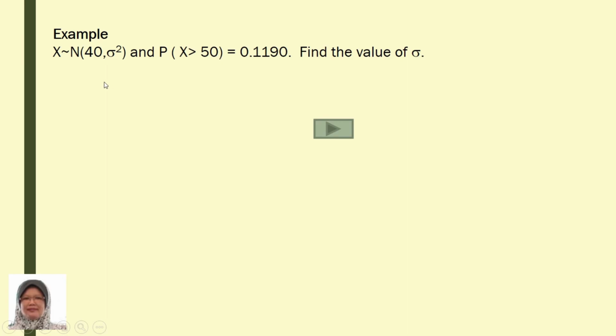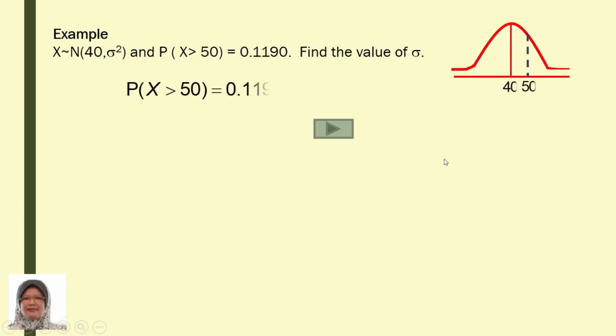Another example: X has a normal distribution with mean 40 and variance sigma squared, and P(X greater than 50) equals 0.1190. Find the value of sigma. So we draw P(X greater than 50) equals 0.1190.